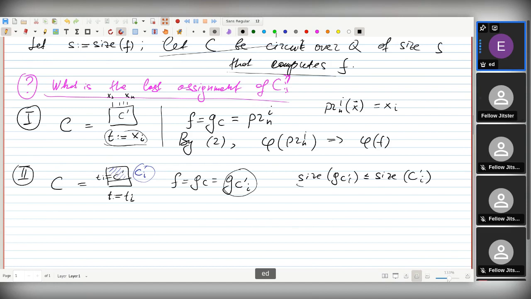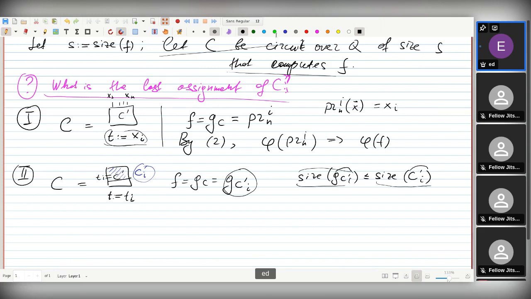Yes. You know, the size of the function is the minimal size of a circuit computing it. But this function is clearly computed by this circuit. It may be so that one can compute it in less size, but nevertheless, the minimal size is not greater than the size of this circuit.